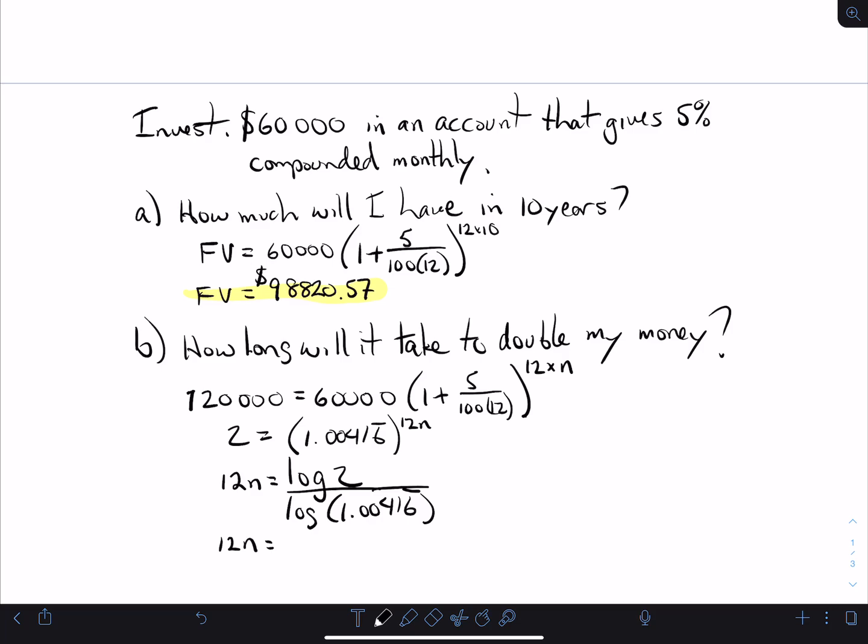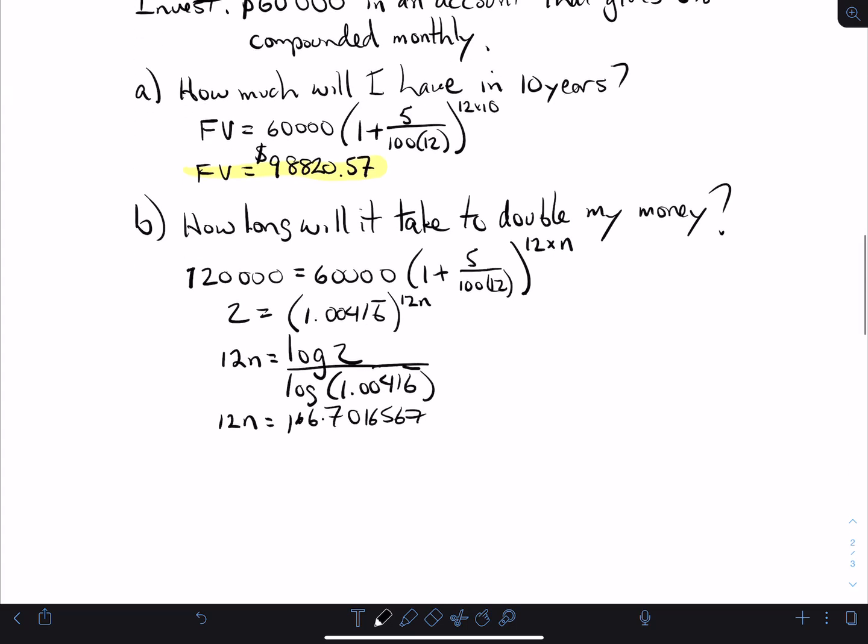Log 2 divided by the log of what I had, and it's 166.7016567. Like I said, try not to round off, so n will be equal to, divide that by 12, 13.8918 and so on years.